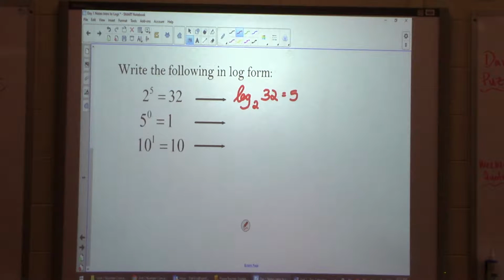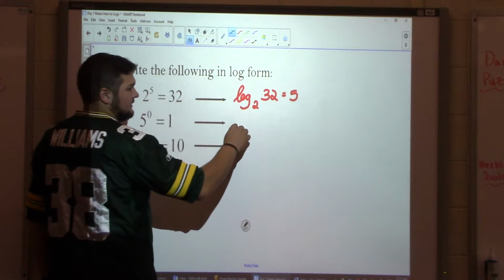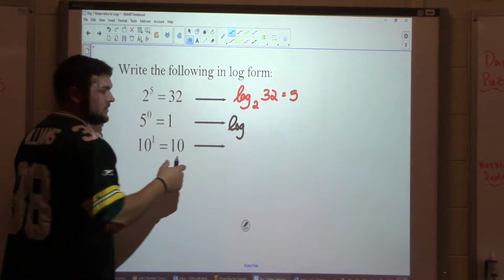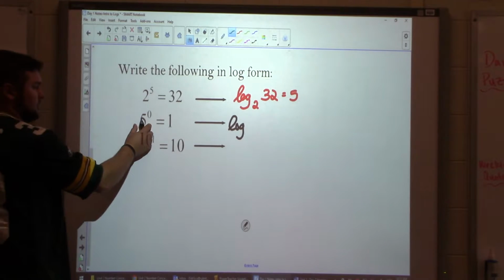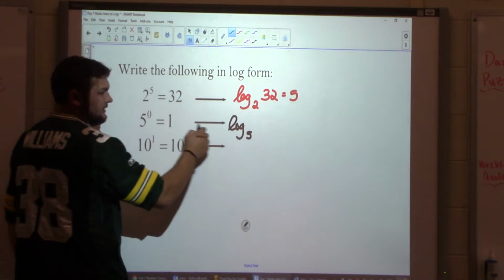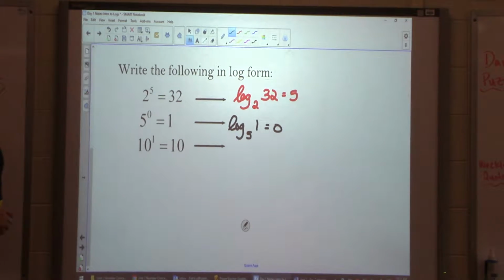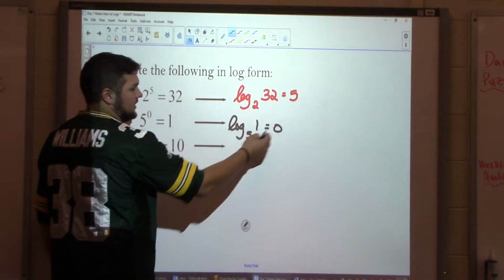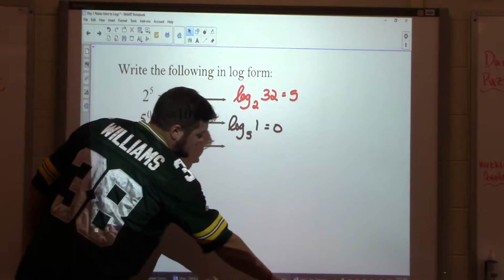Alright? So if I look at the second one, 5 to the 0 power equals 1. I have log, what's my base going to be? 5, right? The base of my exponent is also the base of my log. So it's log base 5 of 1. 1 and 0 are switching sides. Log base 5 of 1 equals 0. What my exponent was is what my log is going to equal. Okay? Does that kind of make sense so far? Alright, 10 to the first power equals 10.